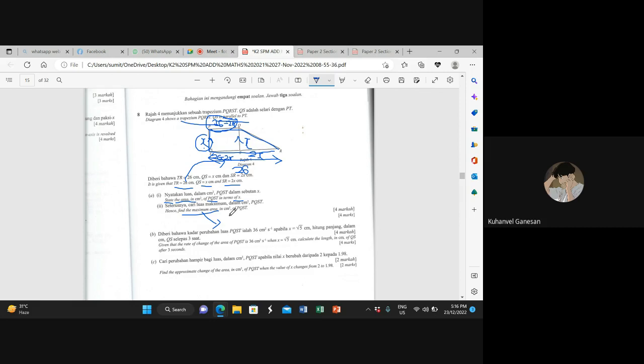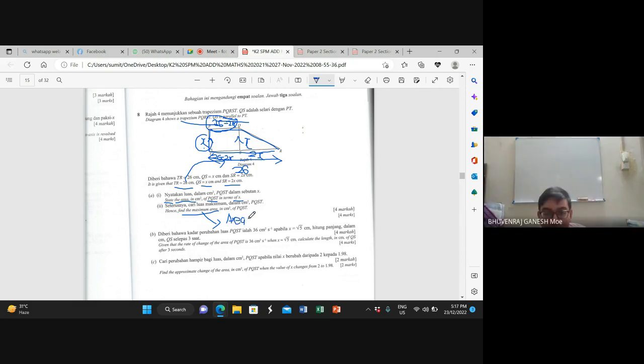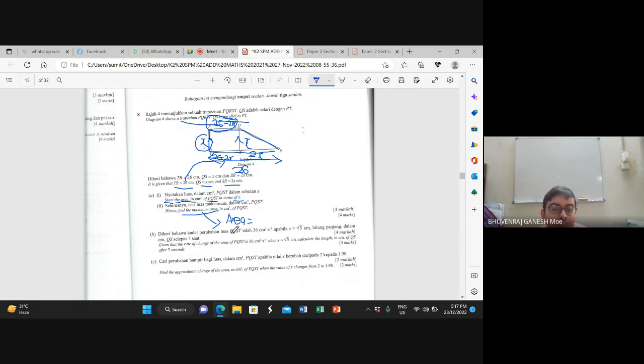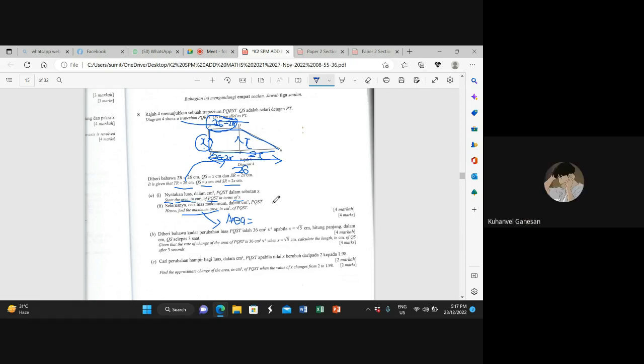When the area is maximum, we must assume that, remember the symbol.